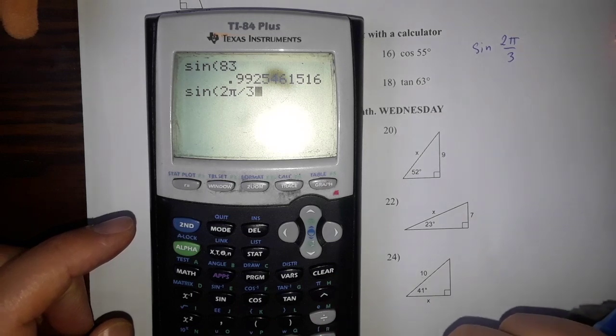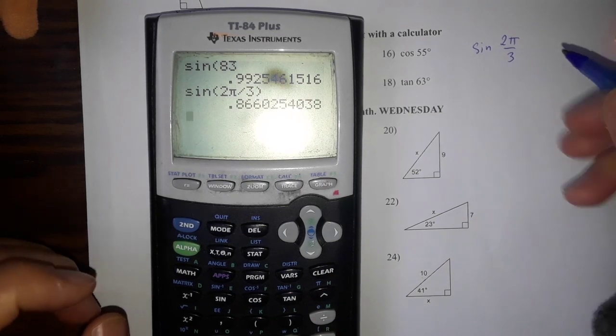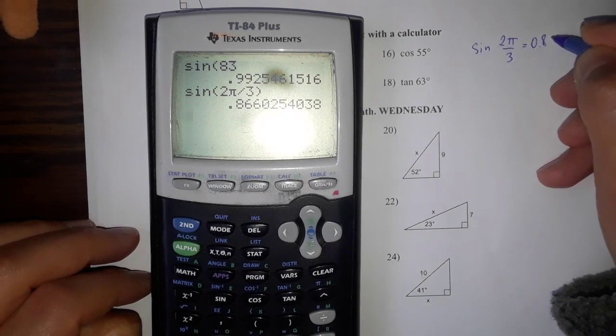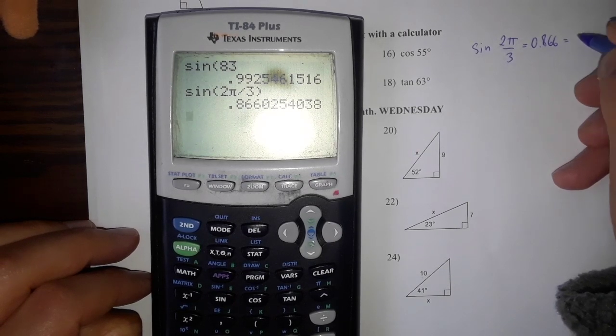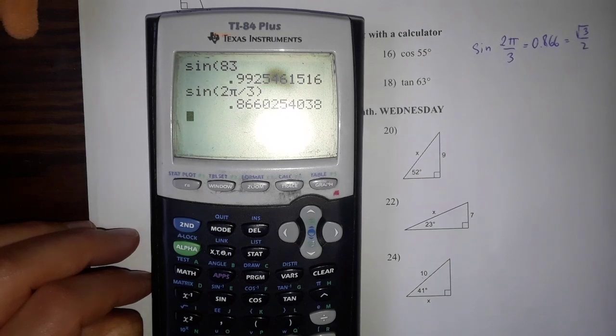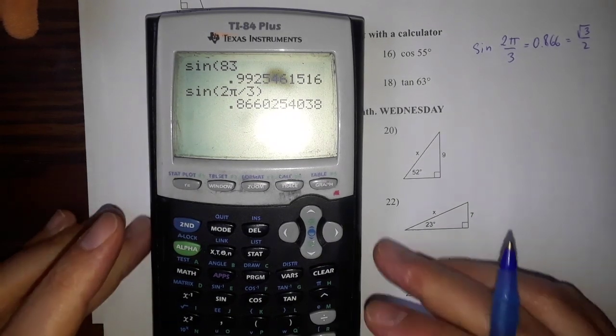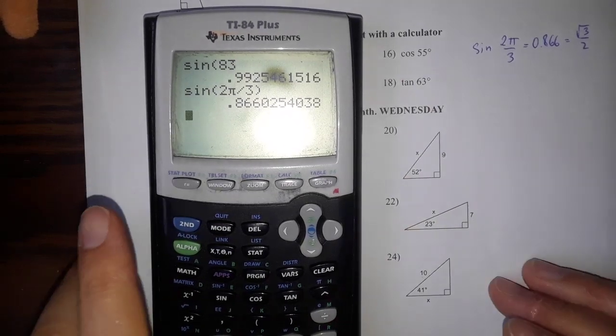Okay, close the parentheses, and we will get 0.866, which is actually square root of 3 over 2. Okay, we know this by heart. So that's it. That's how it works.